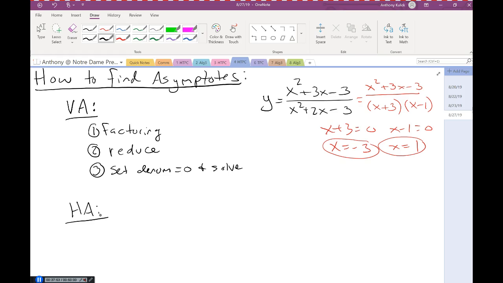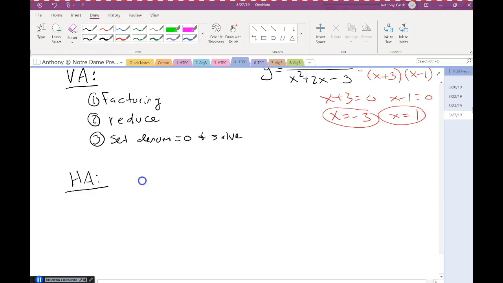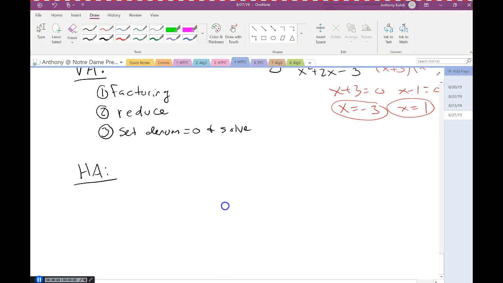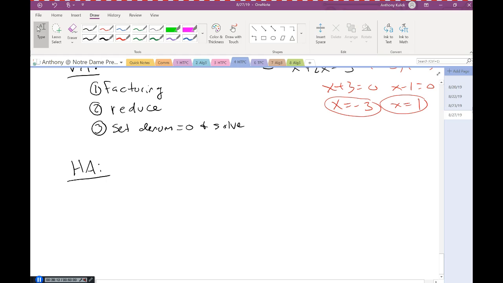Maya? So there are 3 different situations that we can run into, but we're not worried about the denominator set equal to 0 per se for this part. What we're concerned with is the degrees of the numerator and denominator.